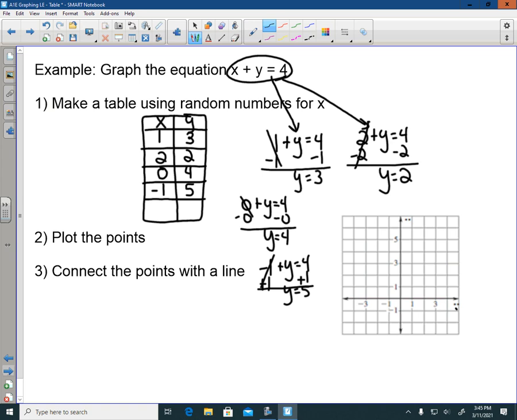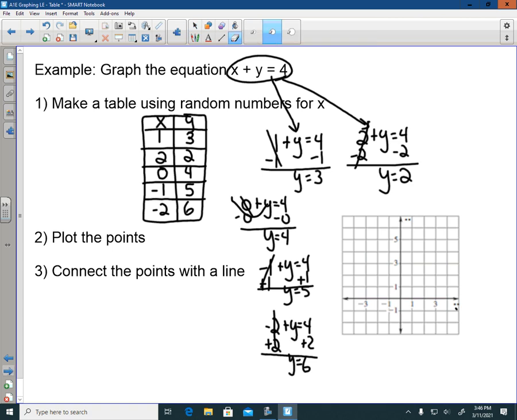And let's do negative 2, just for one more chance at looking at it, and then we'll erase some of this mess. So we have negative 2 in for x this time. Negative 2 plus y equals 4. Adding 2 to both sides to create that cancellation gives us y equals 6. Great. So when we inputted negative 2, the output was 6.